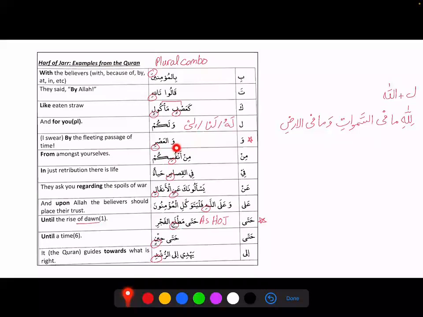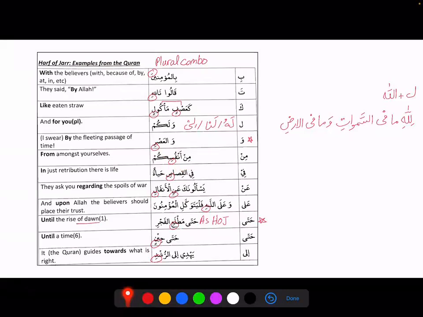Not every wow you look at is a harfu jar. Rather, if it is an oath, then you will find ism majrur after it. Okay.